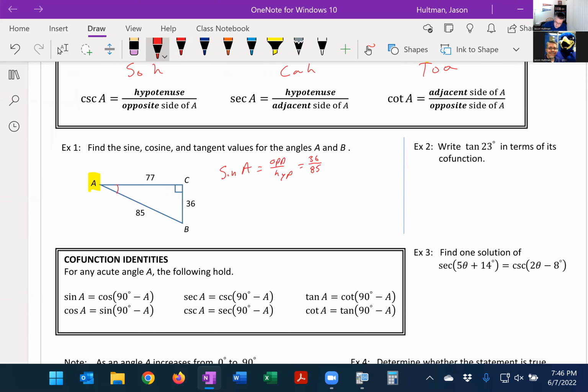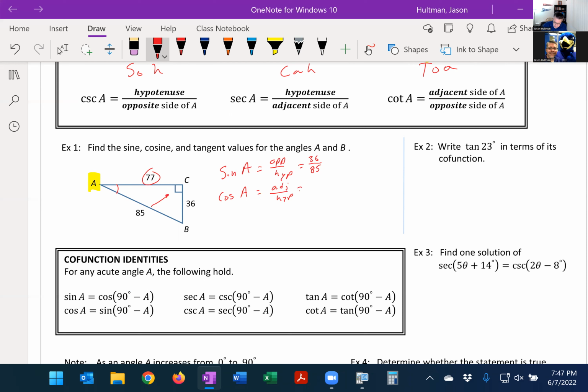Okay. The cosine of A, that's going to be the adjacent over the hypotenuse. And so for angle A, the adjacent side is the 77. It's not the 85 because that's the hypotenuse. Okay, the hypotenuse, again, is always opposite the right angle. So the adjacent side is that AC.